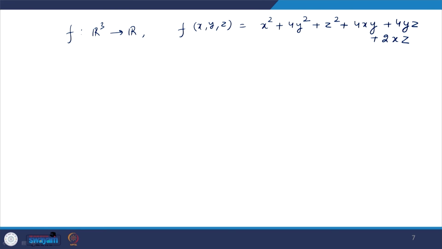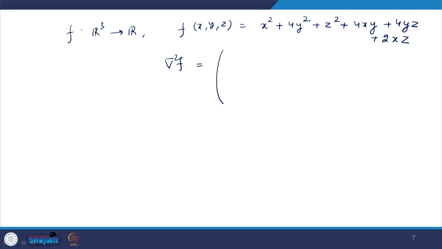We will find the Hessian matrix of f, and using either the eigenvalue test or the minor test, we will try to see whether the Hessian matrix is positive semi definite or not. If it is positive semi definite, then we can easily say that this function f is convex by the twice differentiability property of f. So, let us find the Hessian matrix of f.